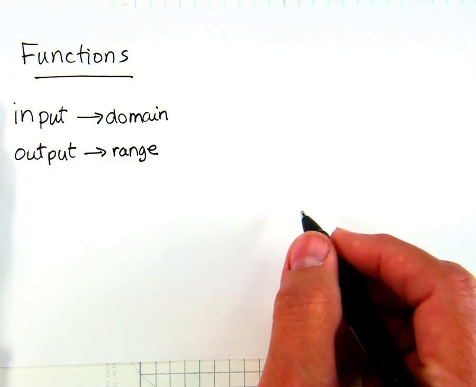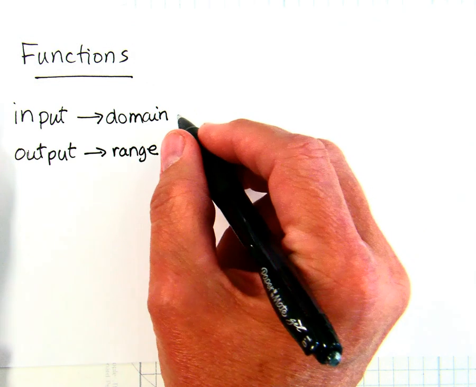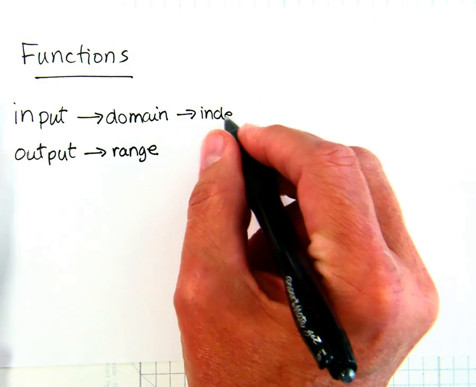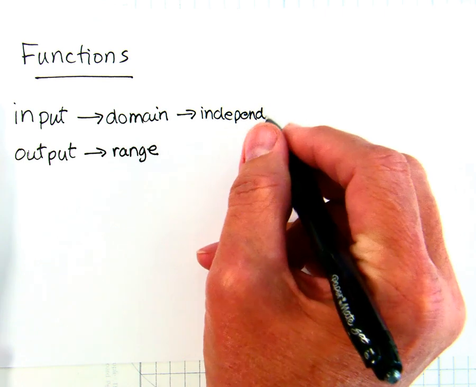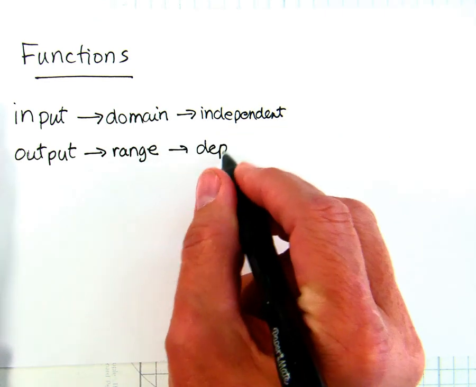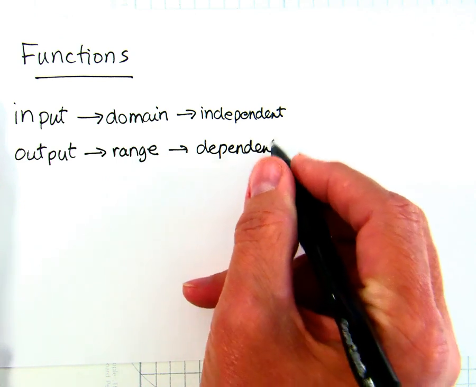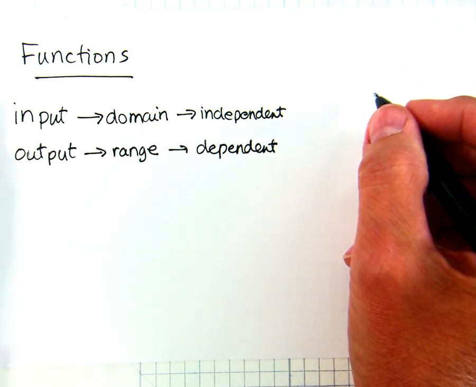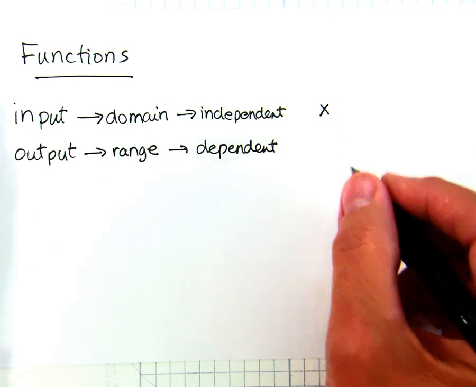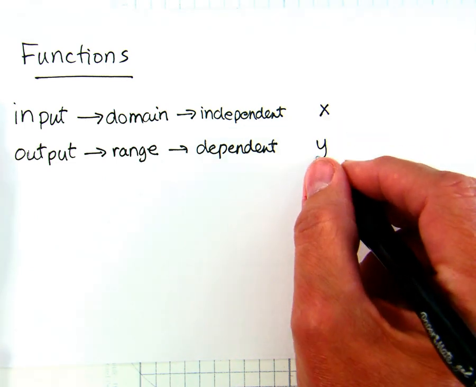In science class, you'll often talk about this, and we will here as well, the domain as being the independent variable, the range as being the dependent variable. The domain will almost always be referred to as the x and the range as y.